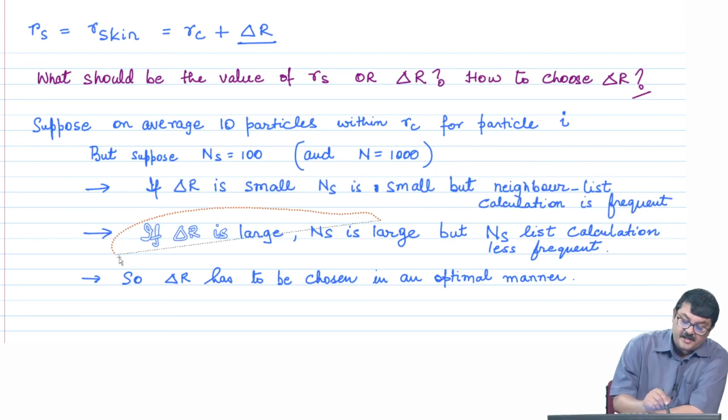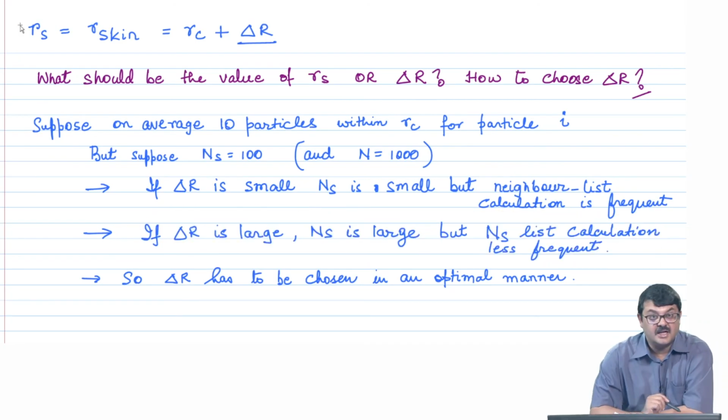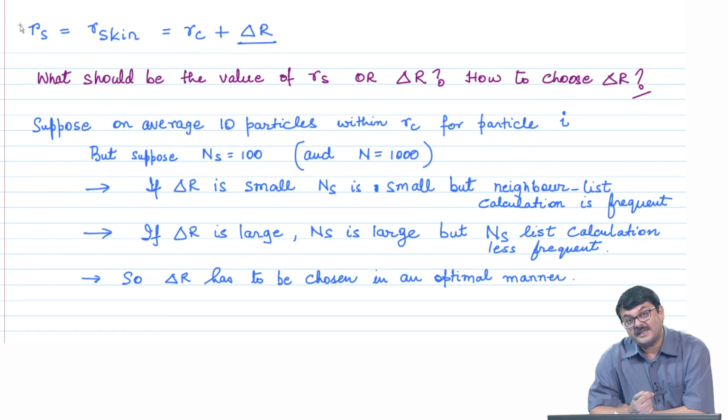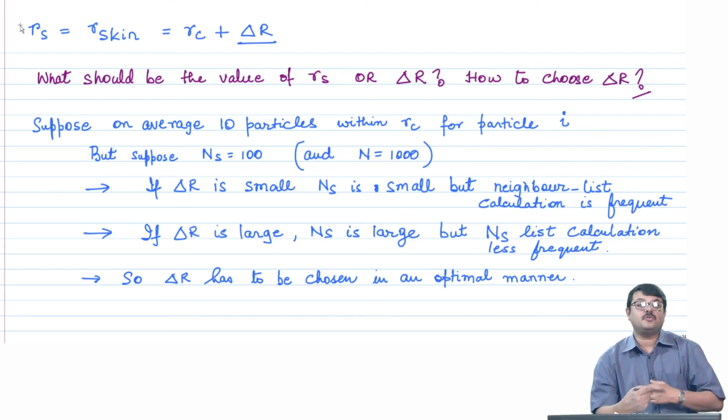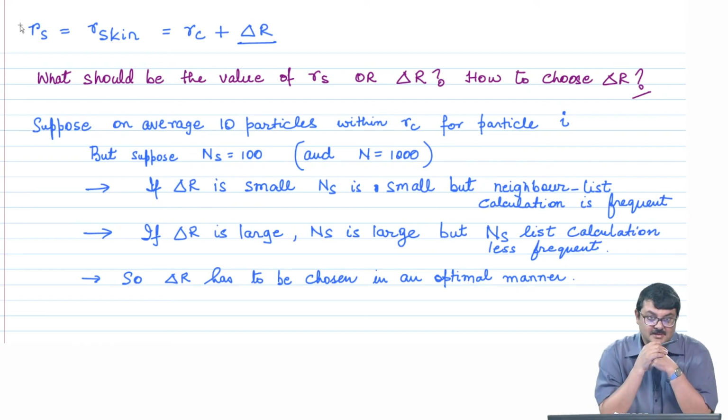On the other hand, if delta R is large, so that R s is large here, then you can update the neighbor list less frequently, but then in each force calculation you are basically calculating over a large number of extra neighbors, whereas the particle is actually interacting with only 10, and that is an extra cost.